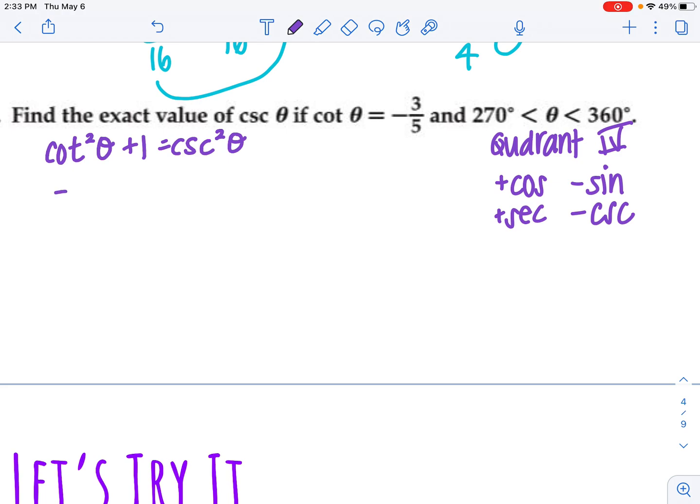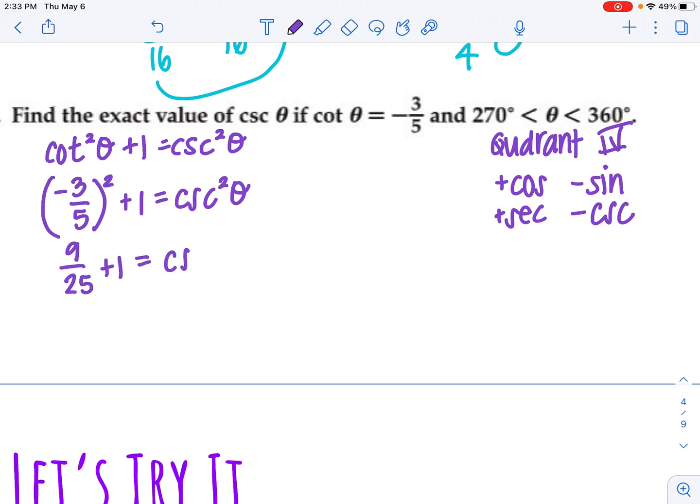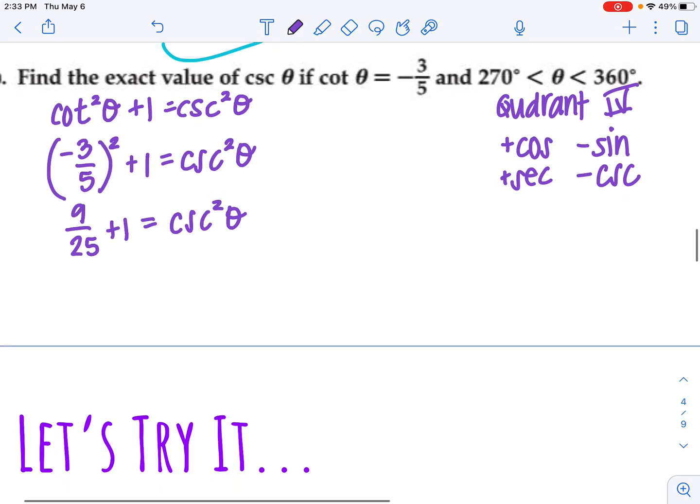So we know that cotangent of theta is negative 3/5. So we would have negative 3/5 squared plus 1 equals cosecant squared. So we get 9/25 plus 1 equals cosecant squared.